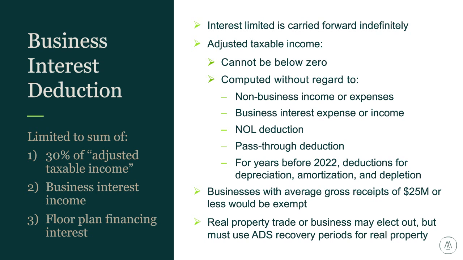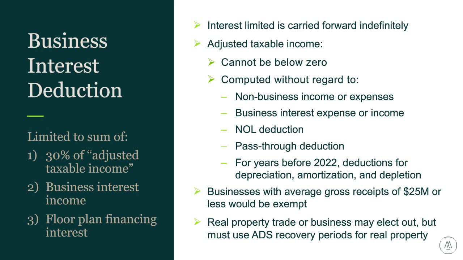What's important to understand is that through 2022, how you figure out your adjusted taxable income is basically like an EBITDA formula. So you can add back your earnings before interest, taxes, and depreciation and amortization.